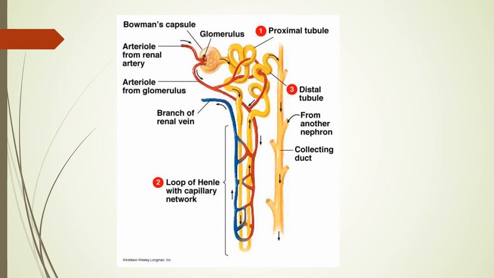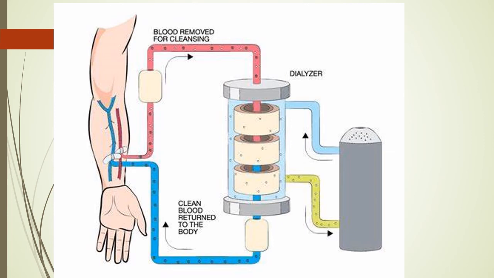Now suppose the kidneys are not properly working, then what do we need? This is the structure or figure of a dialyzing machine. This is a dialyzer from where the blood is removed for cleansing, and after dialysis is done, it will come back. In this way it is performed. Okay.